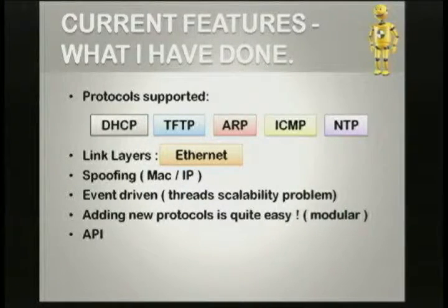Every device has an IP, every device has a MAC address. Because everything is running on a host, which has a different MAC address and a different IP, what I need is to spoof everything.